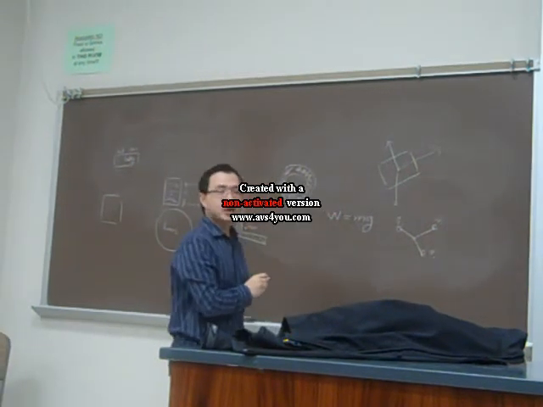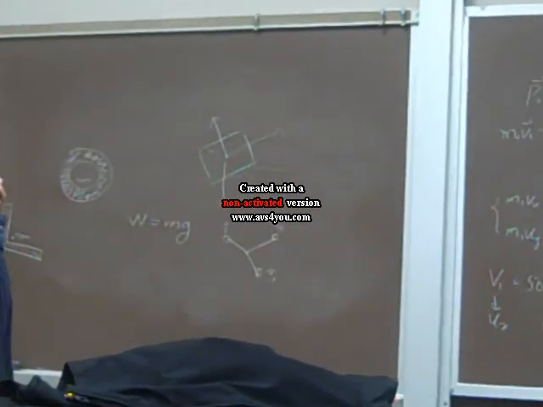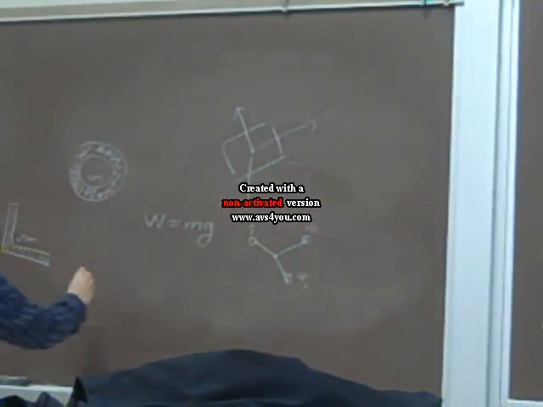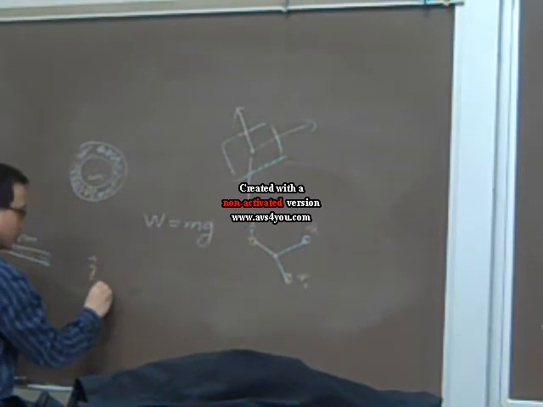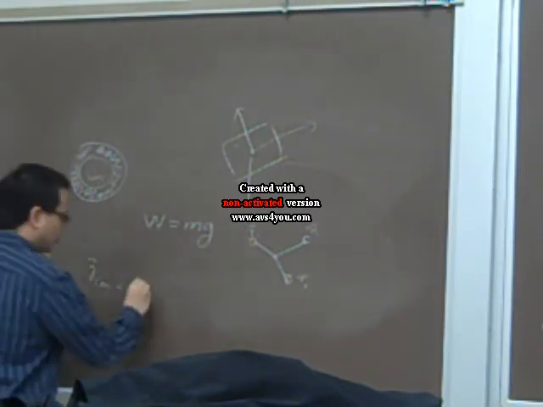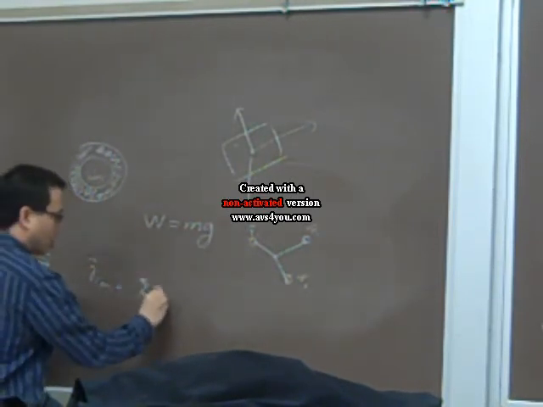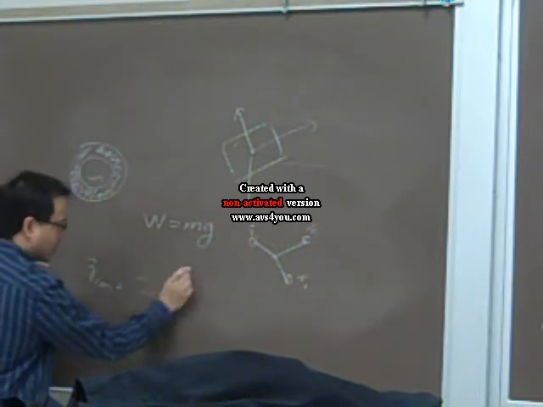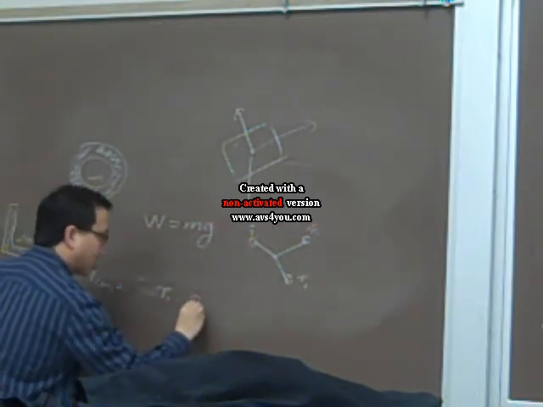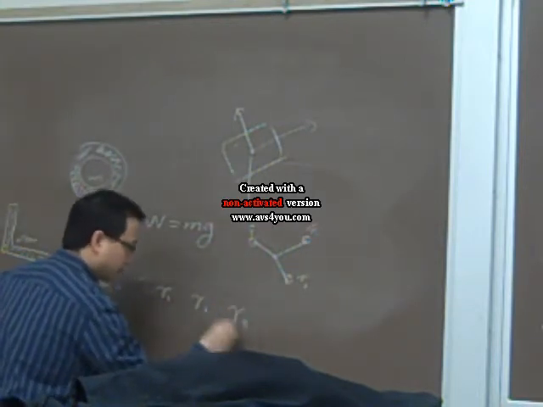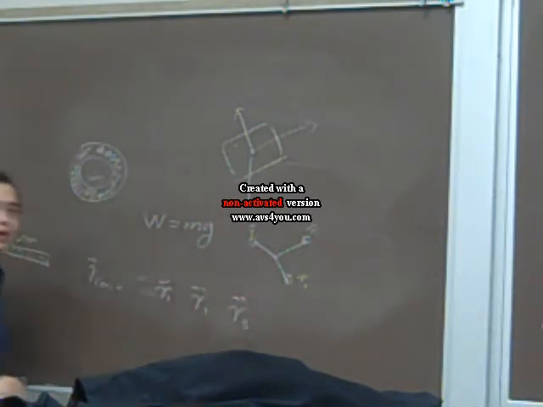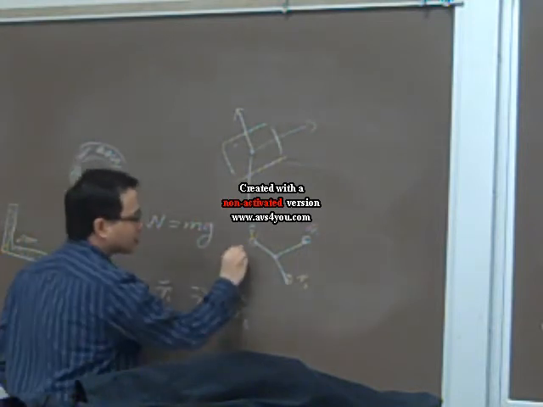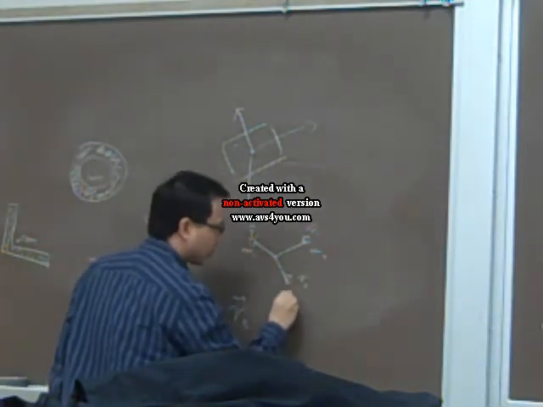Then the center of mass position R_COM equals the summation of the three vectors R1, R2, R3. But of course, different points may have different mass, M1, M2, M3.